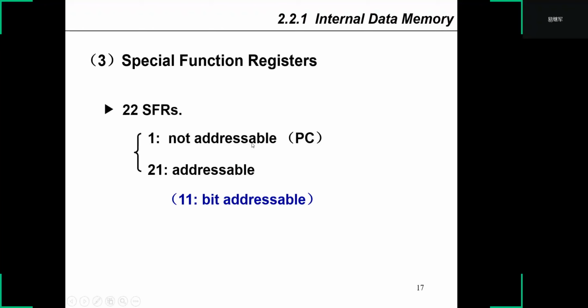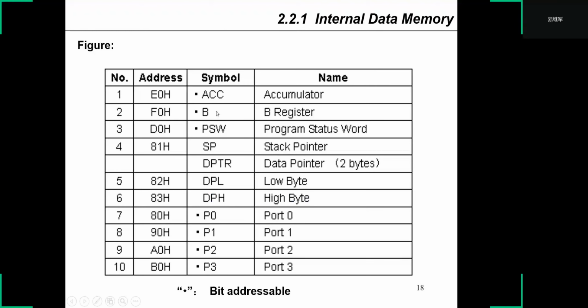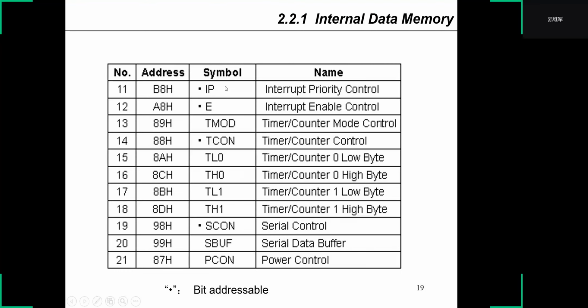Yeah, last class I told you about the special function registers. You can see ACC is A, it is B, PSW, DPTR, all of these are special function registers.